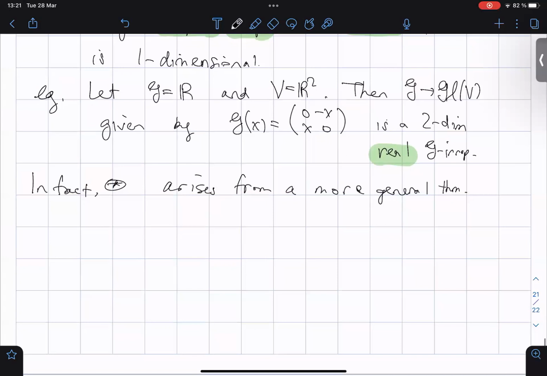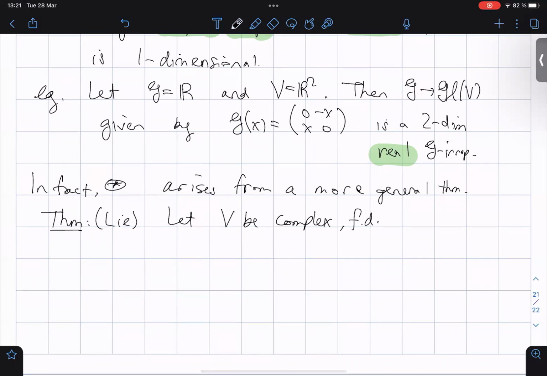I'm going to put the proof in the notes in the appendix. So instead of talking about abelian groups, let's talk about solvable groups. There's an important theorem called Lie's theorem. Let V be complex and, as usual, finite dimensional, and let's take a matrix Lie algebra.